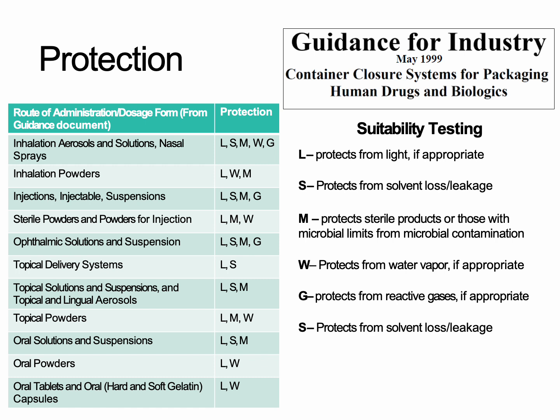Underneath, on the right side of the slide, we can see what type of protection each abbreviation stands for. For example, for inhalation aerosols and solutions and nasal sprays, we have to look into the following protections: L, S, M, W, and G.